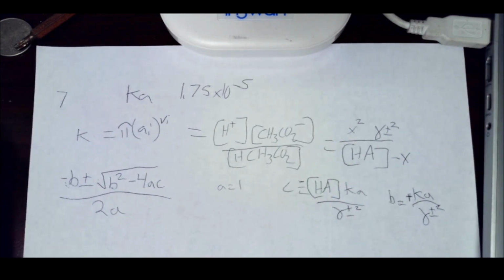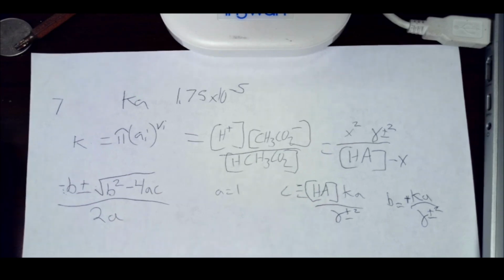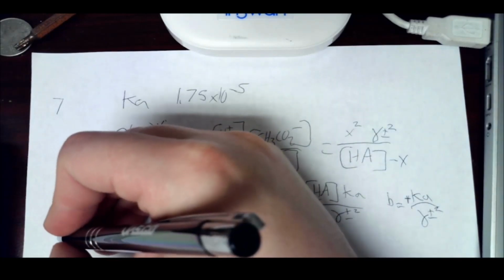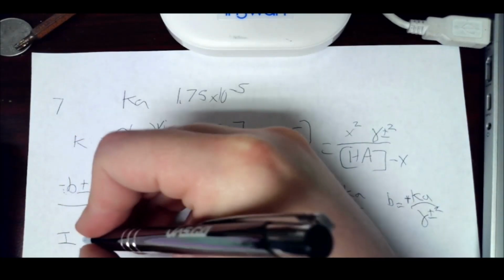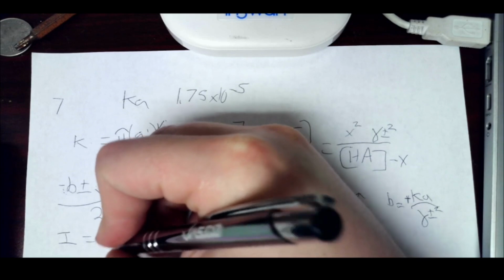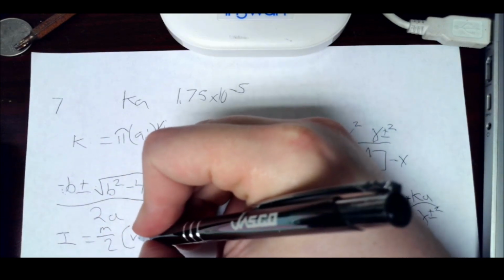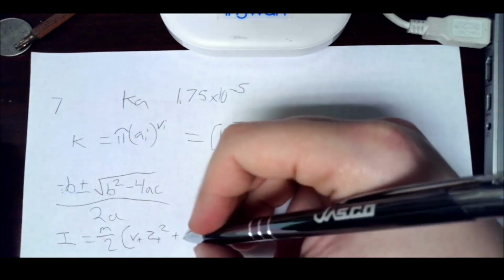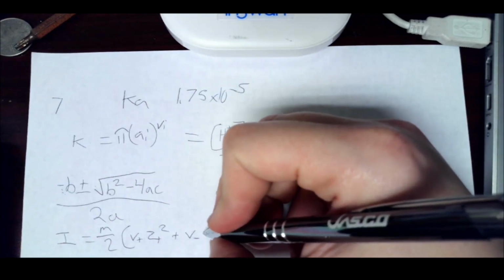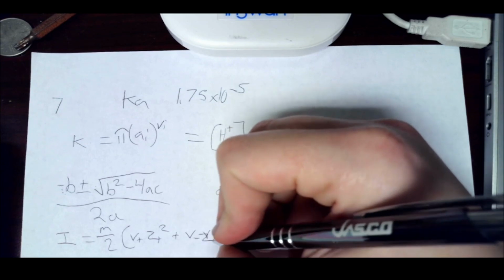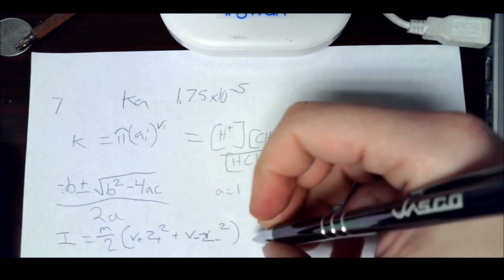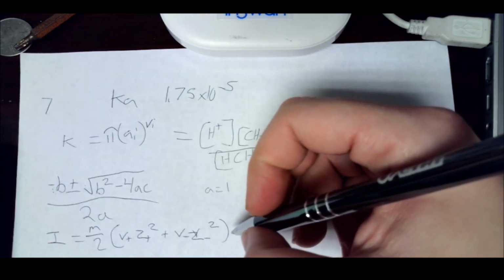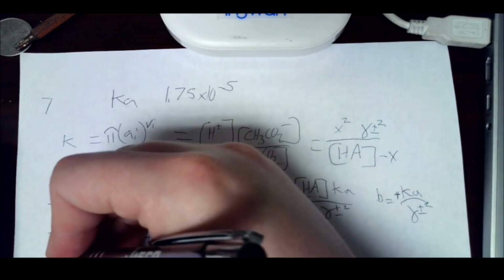I already have a lot of this worked out, so we're going to do this pretty simply. But some of the things we need: I is equal to M over 2 times v plus Z plus squared plus v minus Z minus squared, and we'll need that to calculate gamma plus or minus.